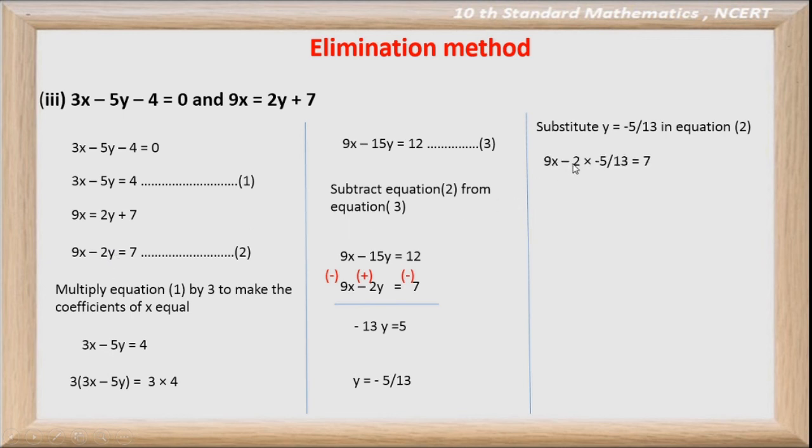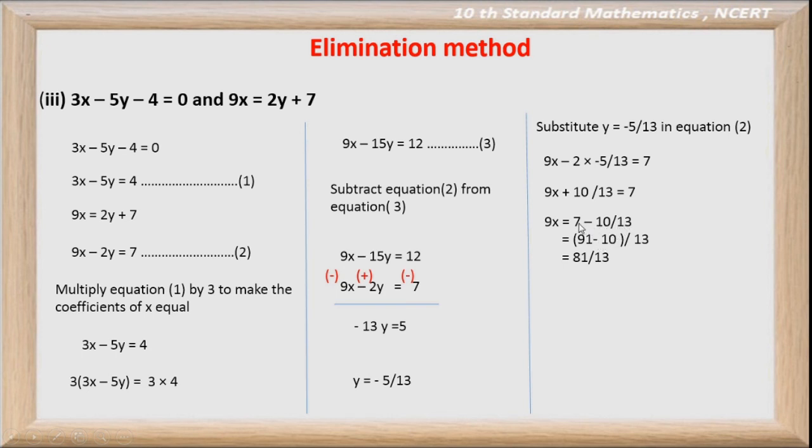So 9x minus 2 into minus 5 by 13 equal 7. So 9x plus, see here, this minus and this minus will become plus, and 2 into 5 is 10 by 13 equal 7. Now 9x equal 7 minus 10 by 13.